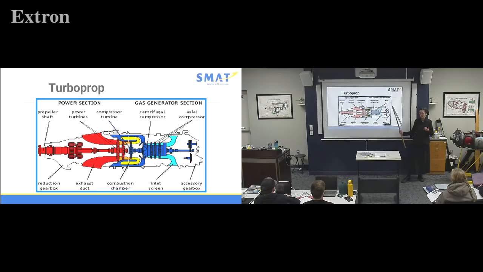So on your turboshaft, turboprops, you're going to have a whole gearbox of reduction gearing so your prop can go at a reasonable RPM. But yeah, we have the split. It's just the energy, the design of the air coming off your compressor turbine that is driving your power turbine.